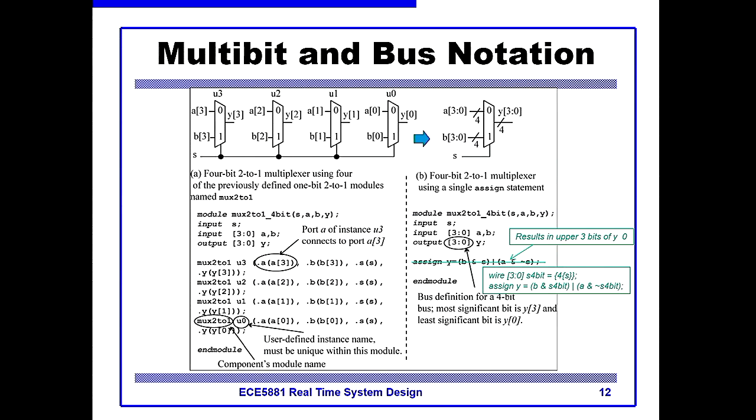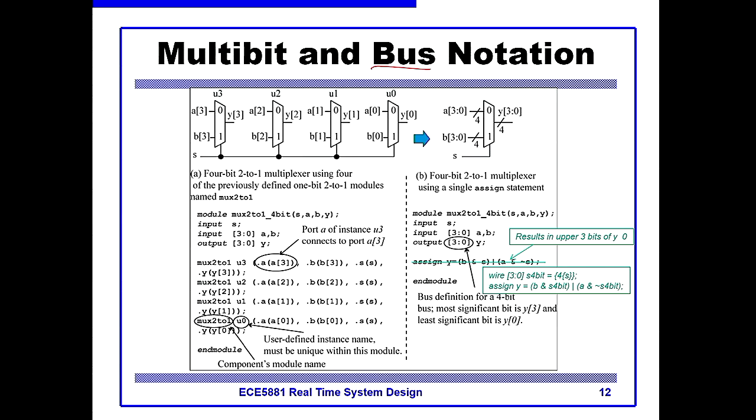Alright, so let's move on and talk about multi-bit and bus notation. So we're going to look at buses, so this is obviously relevant. Up to now we've discussed single-bit signals, so every signal is just representing one bit of information.